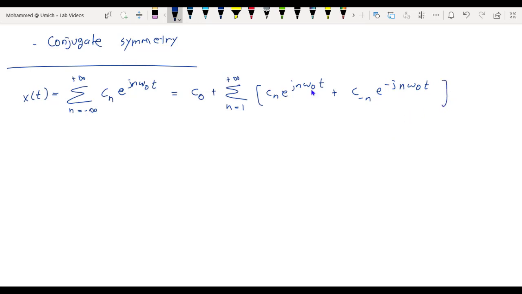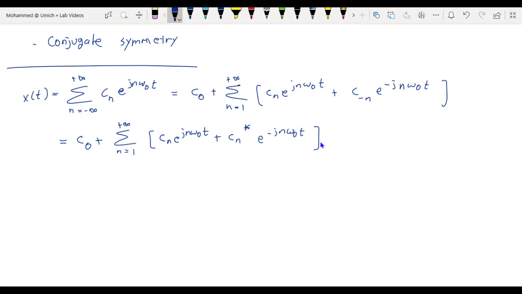Now substituting Cn conjugate for C minus n, since x of t is real, we get x of t equals C naught plus the sum from n equals 1 to infinity of Cn e to the jn omega naught t plus Cn conjugate times e to the minus jn omega naught t.